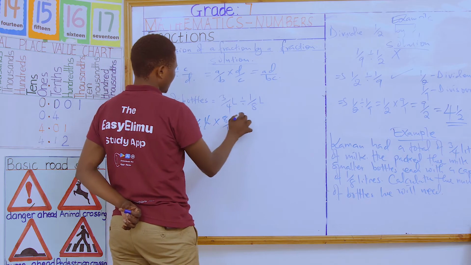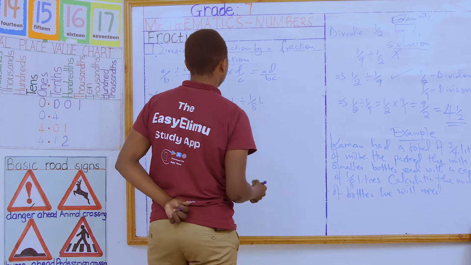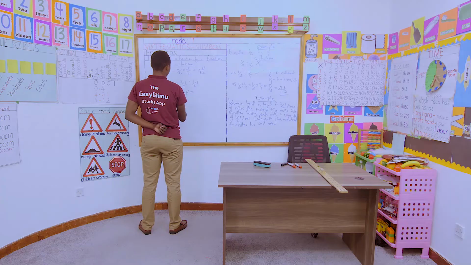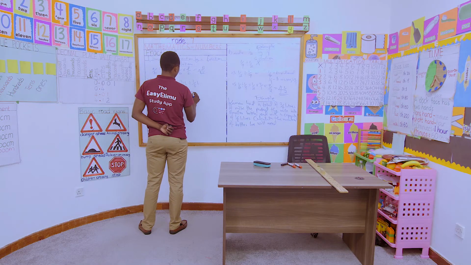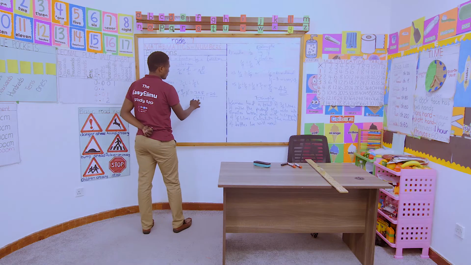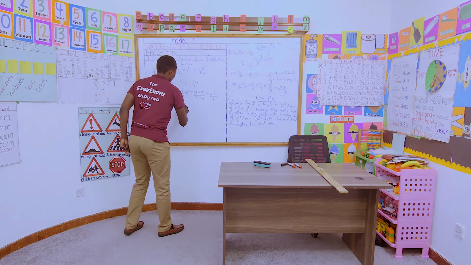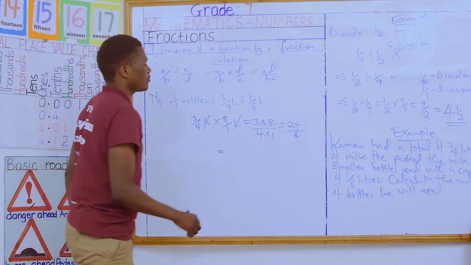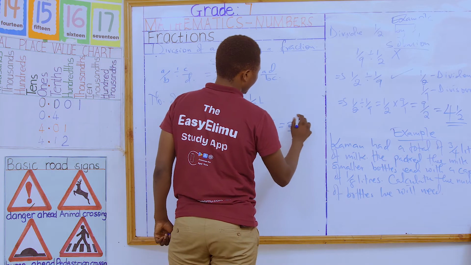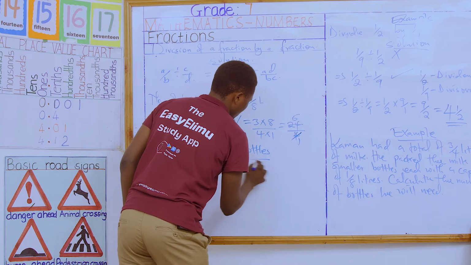This and this will disappear because we were dividing. So we have 3 times 8, that is 24, over 4 times 1, that is 4. To get the number of bottles, you divide 24 by 4. If you do that, you'll get 6. So he used 6 bottles.